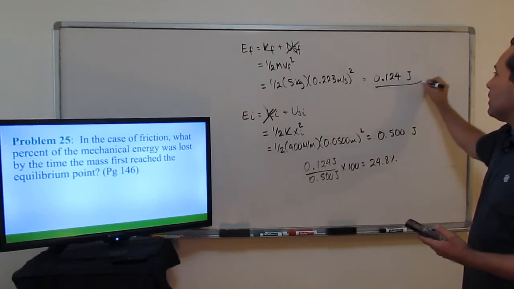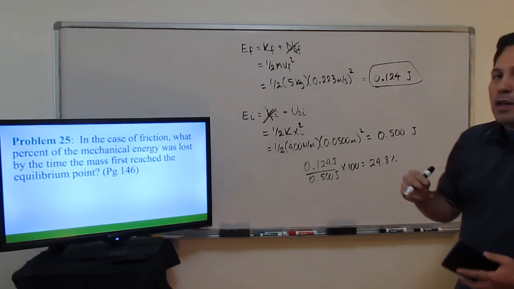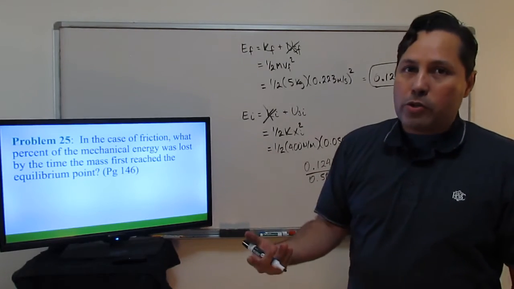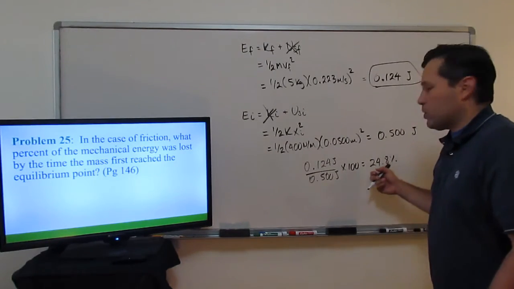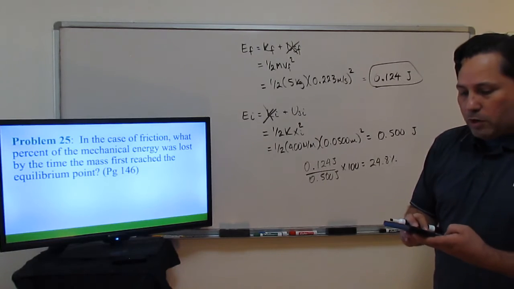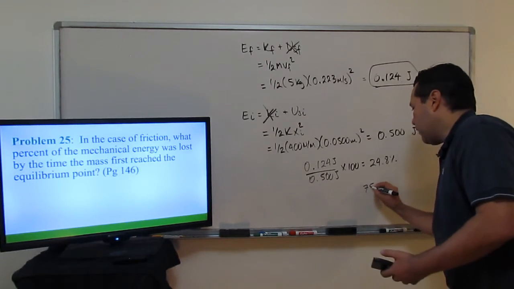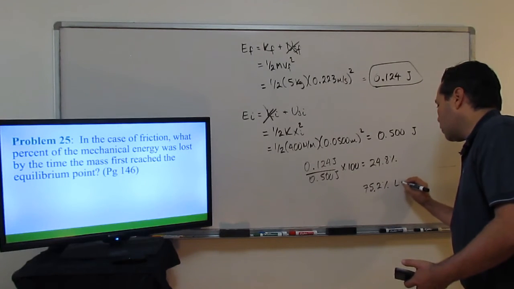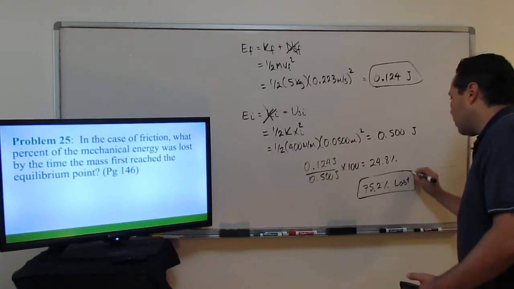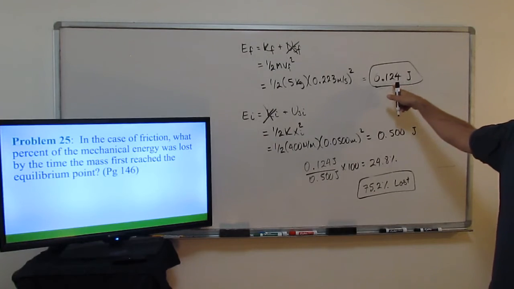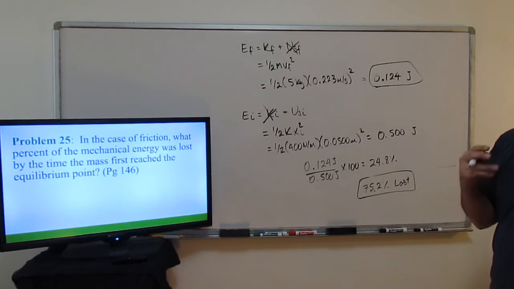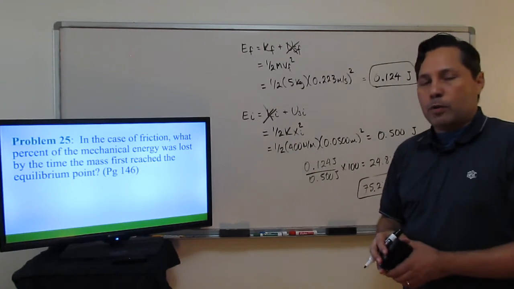But that's what was left over, right? The question was, how much was lost? So if 24.8% remained, then the answer would be 100 minus 24.8, so 75.2% was lost, which is what they asked for. That takes care of problem number 25.